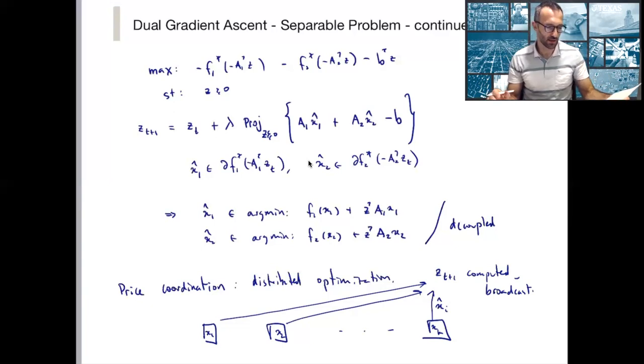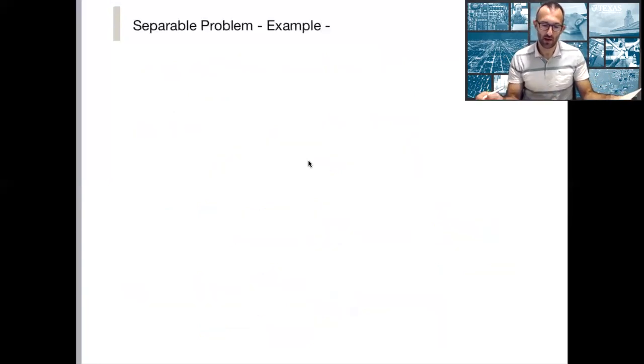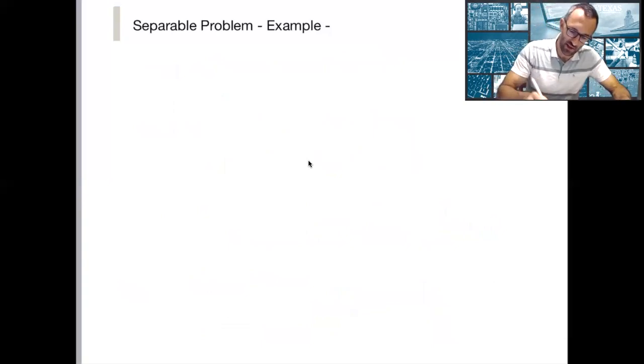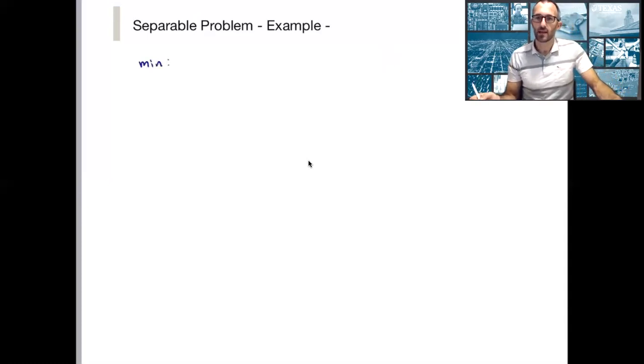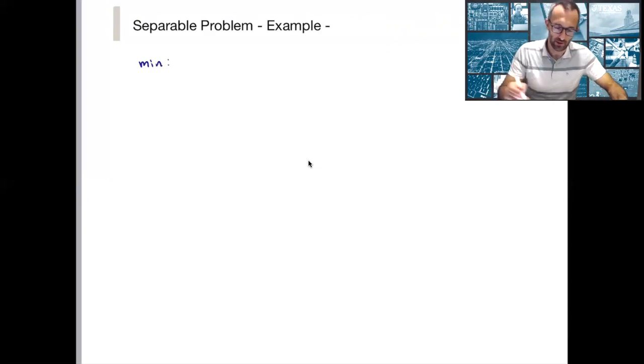So this is the story here, and let's just see a concrete example of this. I want to minimize, say, a sum of quadratics in different variables, but with a coupling constraint.